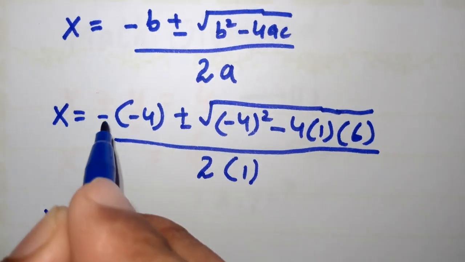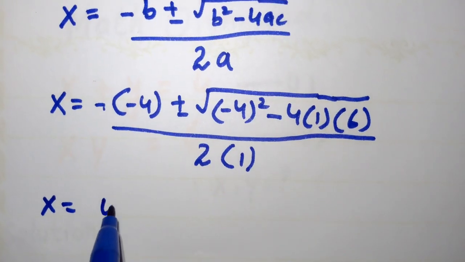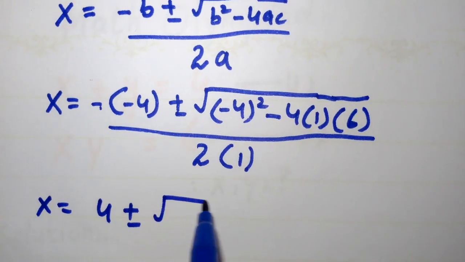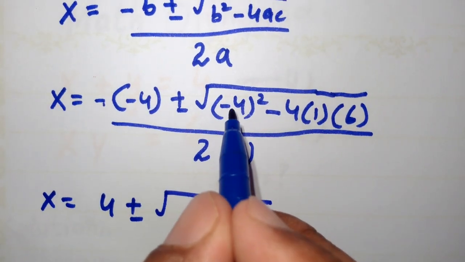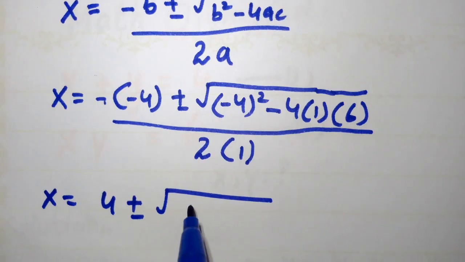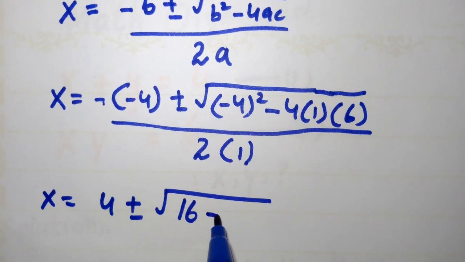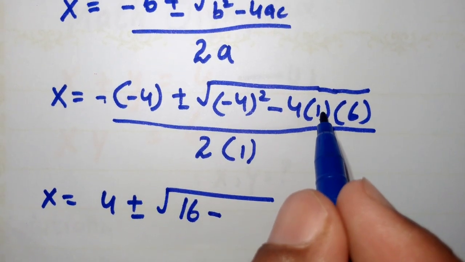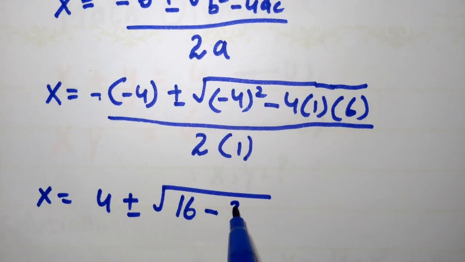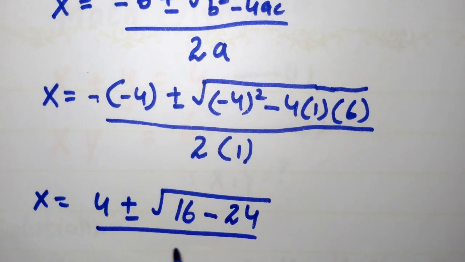X is equal to minus multiply minus, this will become plus 4 plus minus square root of minus 4 multiply minus 4, this will become plus 16 minus 4 multiply 1 multiply 6, this will become 24, over 2.